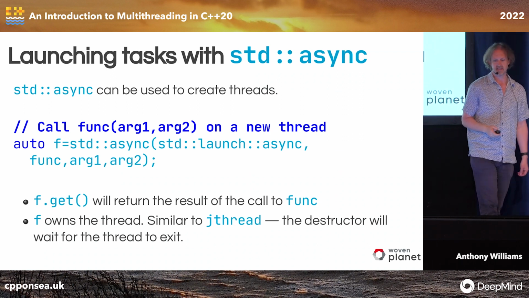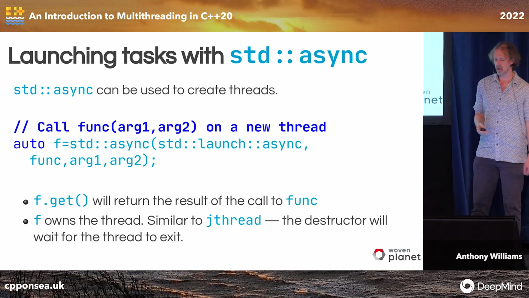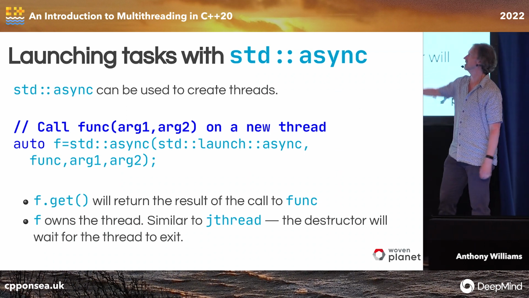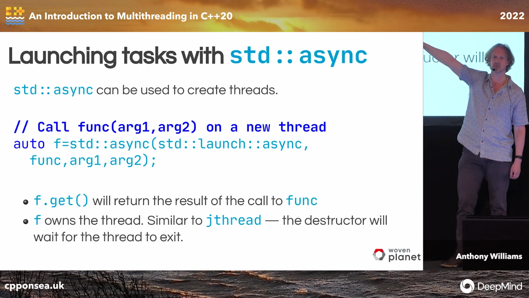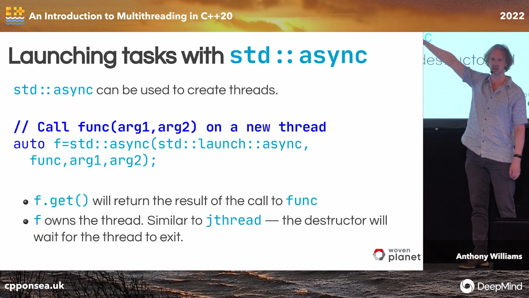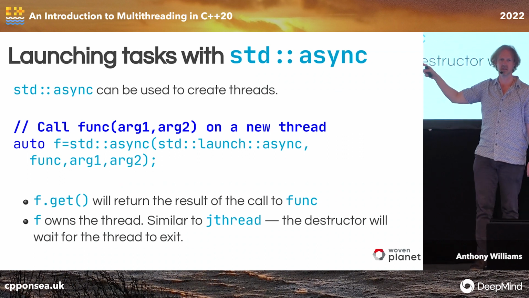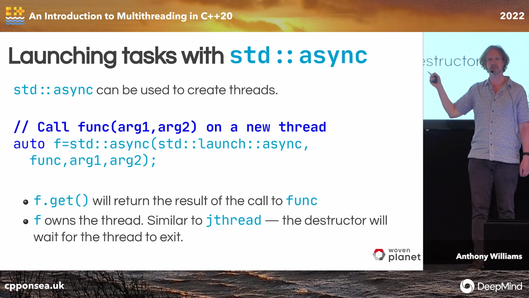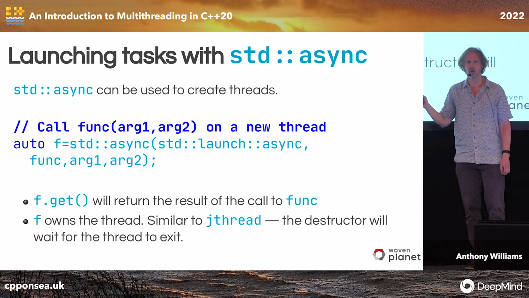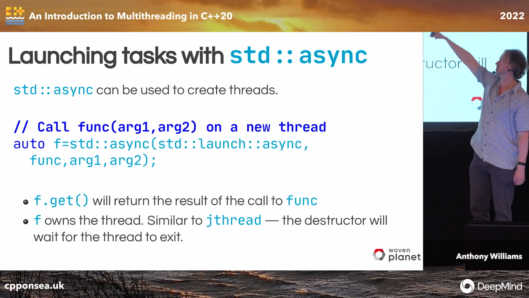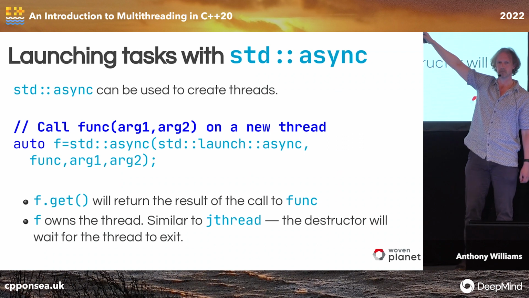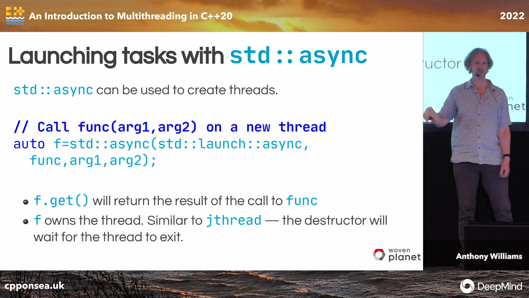You can also use std::async. If you're using std::async, then you want to use this first parameter, std::launch::async. This makes it start another thread. You can omit it, in which case it may or may not start another thread, or you can specify std::launch::deferred, in which case it definitely won't start another thread.